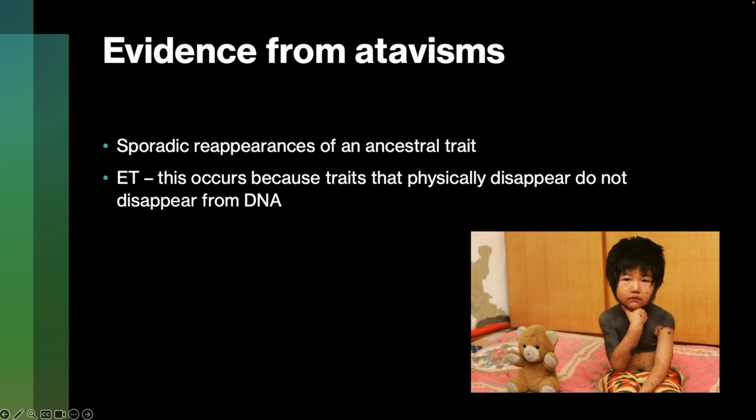When you type in atavisms, this is the picture that comes up everywhere, because they use this as their case in point for an atavism. When you look closely at the picture, I think the darkness on his upper torso and arm is hair. It's this black hair, so anyone have any ideas where they're going with that? He's an ape.